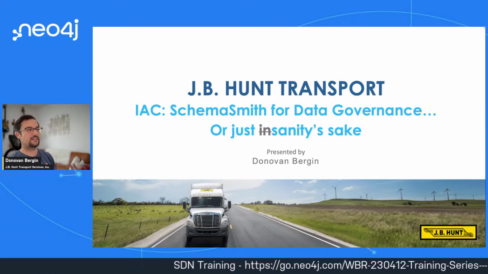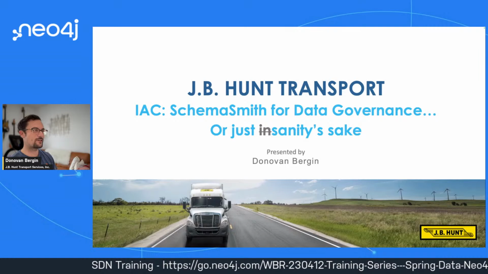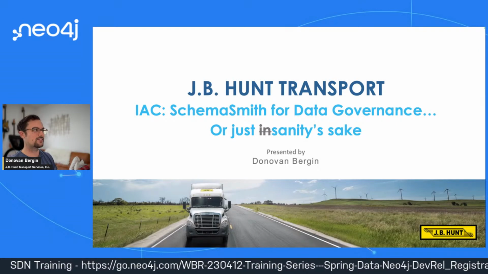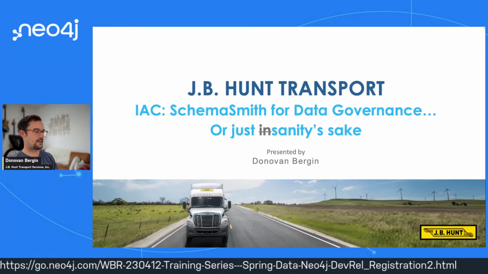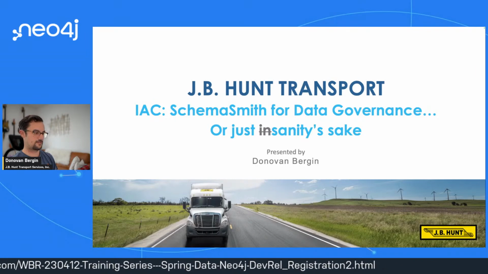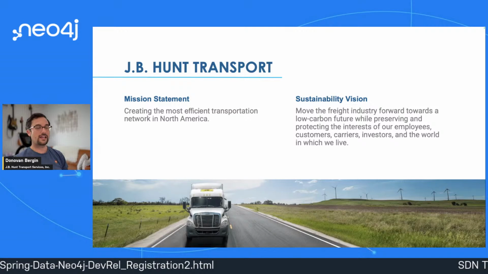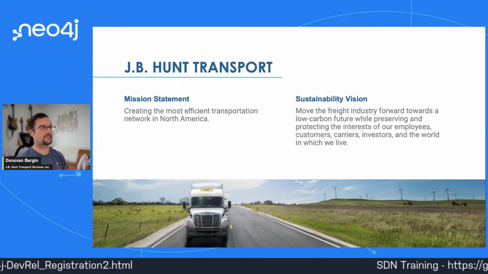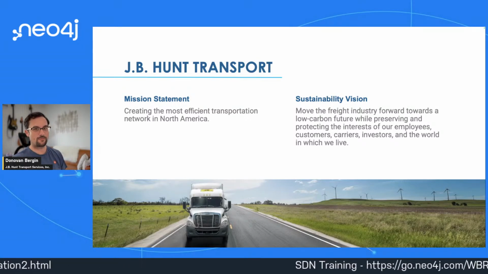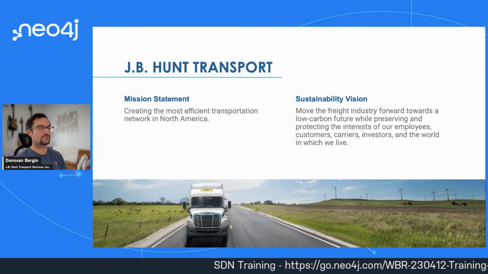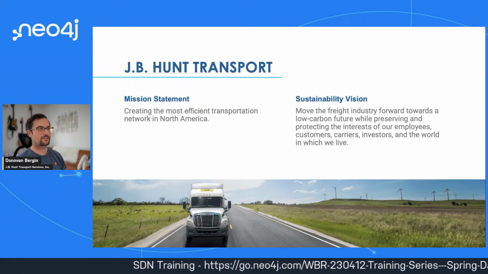So at JB Hunt, like I said, transportation, graphy stuff, it's all good things. So JB Hunt Transportation, we have a mission statement: creating the most efficient transportation network in North America. So already we're thinking graphs, right?